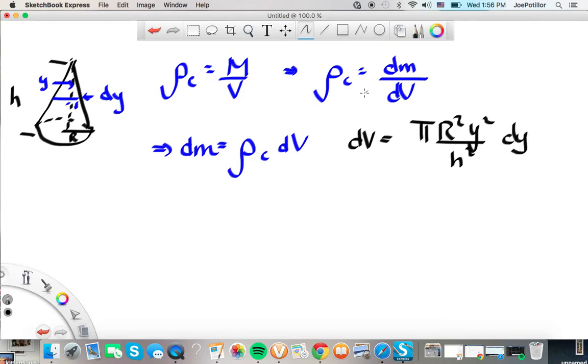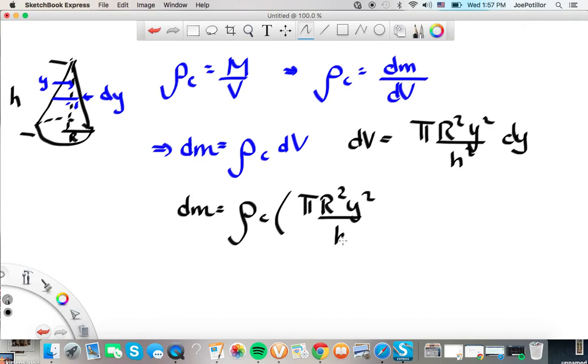So we replace the dV here in our expression with our dV. So dm, the density of the cone, times, of course, the dV. We'll put in parentheses pi capital R squared y squared divided by h squared dy.